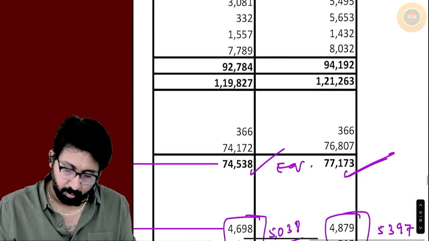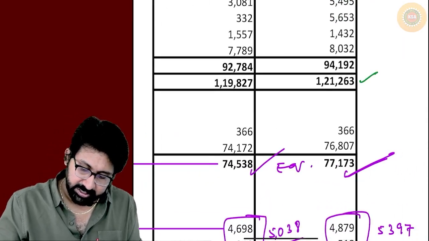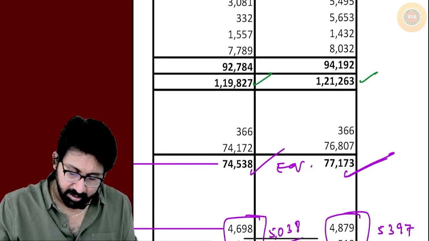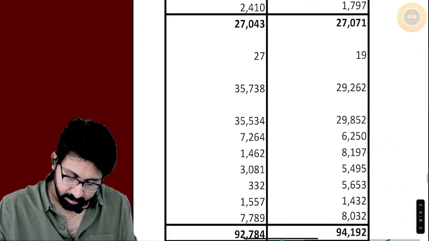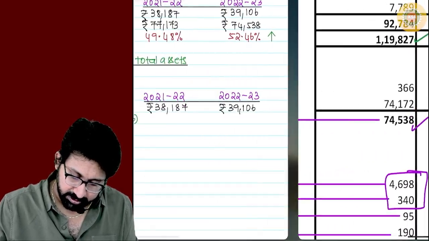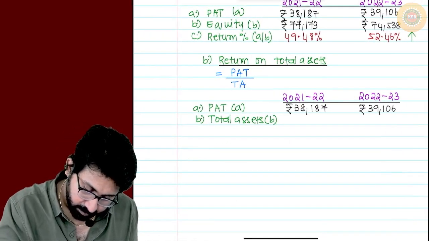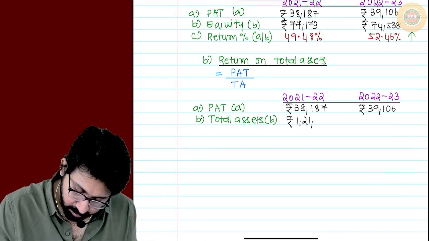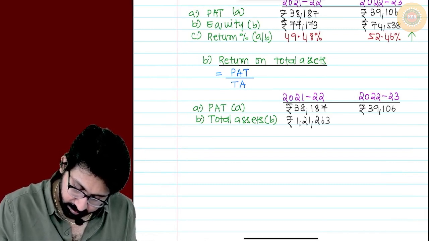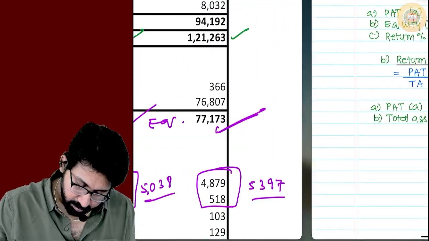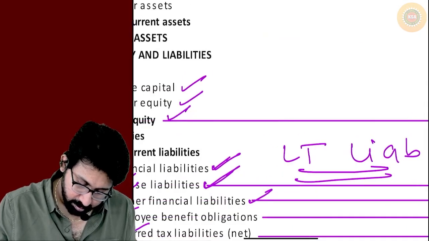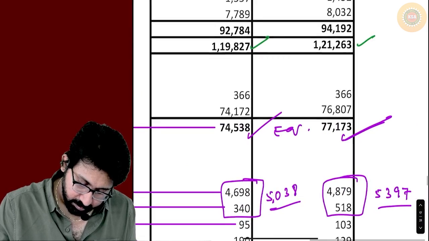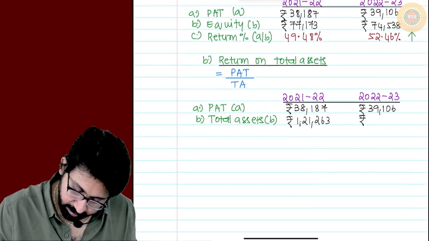See there, 121,263, 119,827. Next one is 119,827.